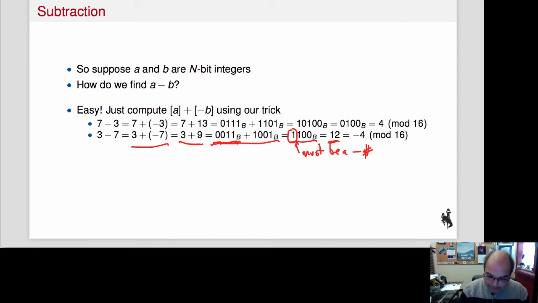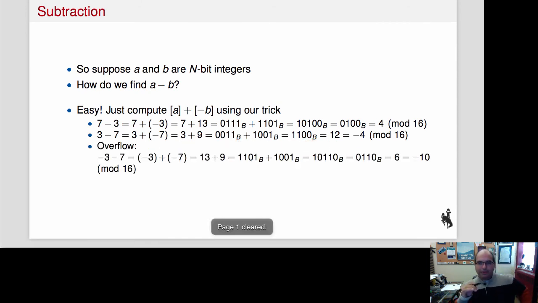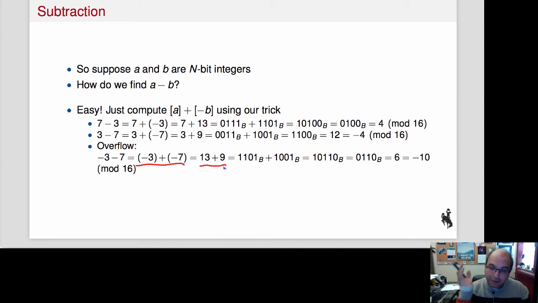How about this case? -3 minus 7. That's -3 plus -7. No problems. That's 13 plus 9, because -7 is equal to 9 modulo 16. 13 plus 9, 1101 plus 1001, should be 22, which is right here. We have a 1 bit, which is 16, and then 4 and 2, that's 6. So we get rid of the 1 bit because we have 4-bit numbers, and what I have is 6.